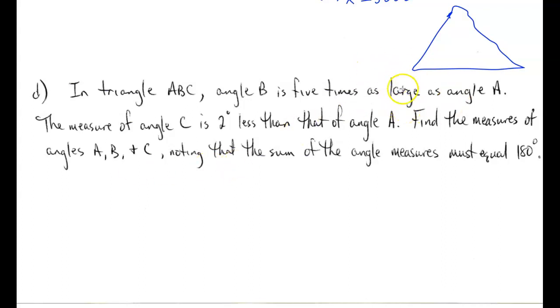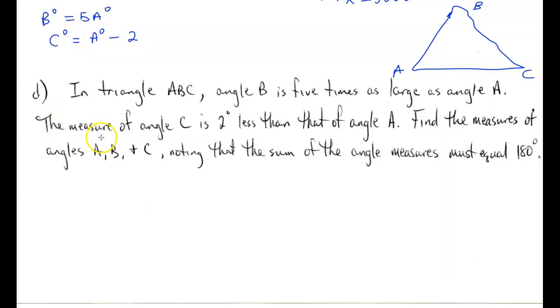So in a triangle ABC, and I'm just going to name it this way, angle B is going to be 5 times as large as angle A. So I'll just go ahead and write that. Angle B is 5 times the measure of angle A. The measure of angle C is 2 degrees less than angle A. So angle C will be 2 degrees less than angle A. So angle A, take away 2.